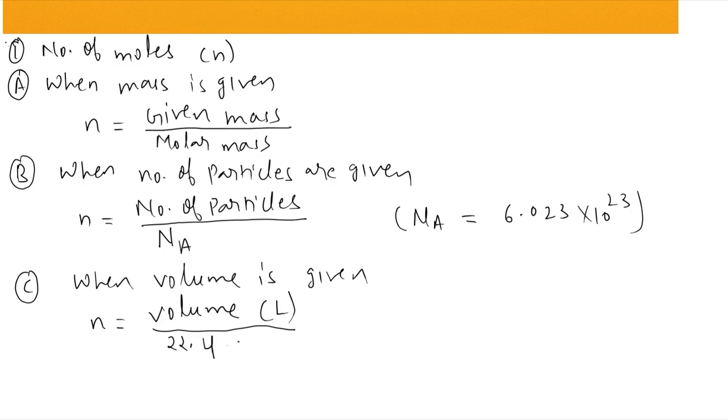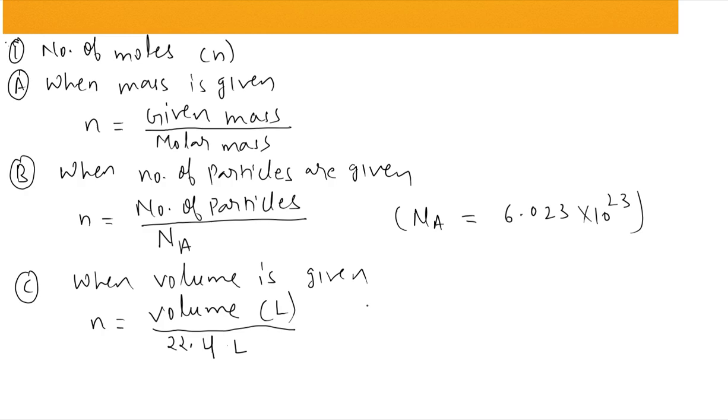This is also in liter, so that the liter gets cancelled out. Why we have taken 22.4 only, and how to put the values here and calculate the number of moles, if you want to watch those I have already made a detailed video for the same. You can watch that.